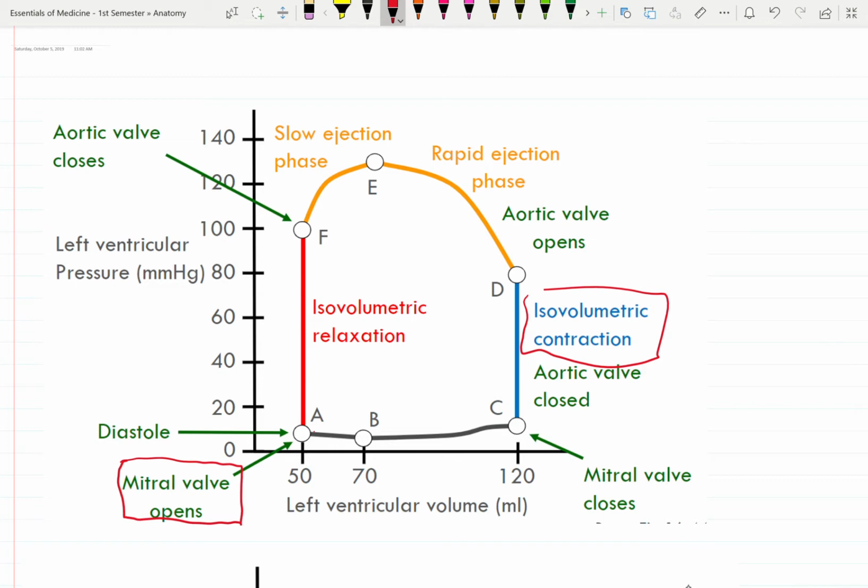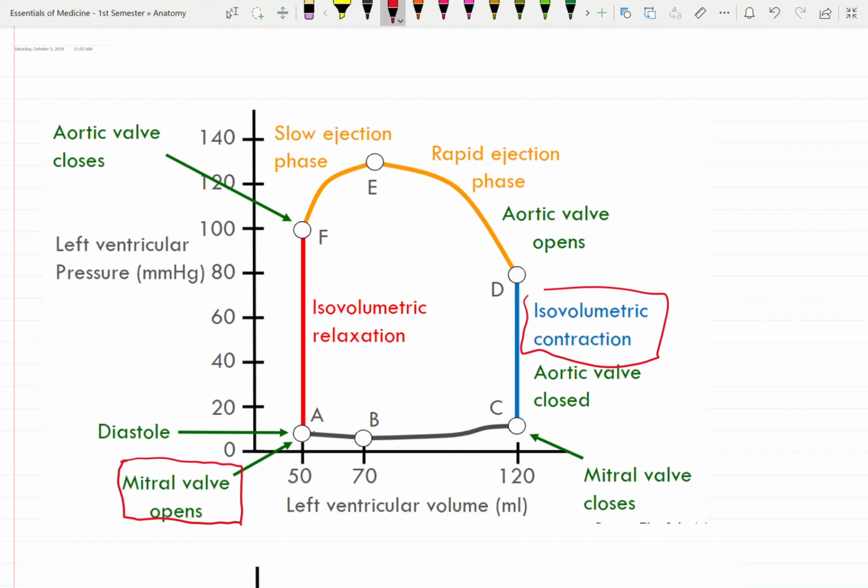As you can see, from D to E, you're going towards the left. Volume decreases, and as the volume decreases, the ventricle pressure increases, and that increase is due to the contraction, nothing else.